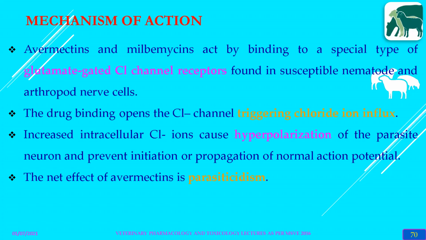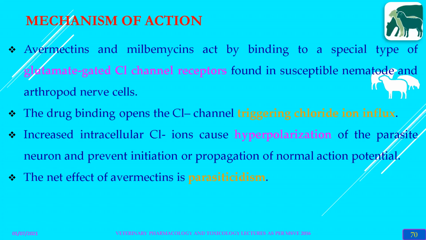Hyperpolarization occurs because the chloride ions are gushing inside the cell. The increased intracellular chloride ions cause hyperpolarization of the parasite neuron and prevent initiation and propagation of normal action potentials. Ultimately, the net effect is parasiticidism. It is going to kill the parasite.